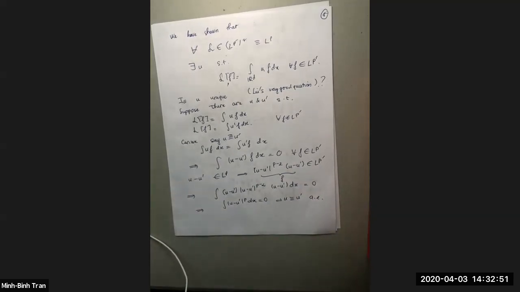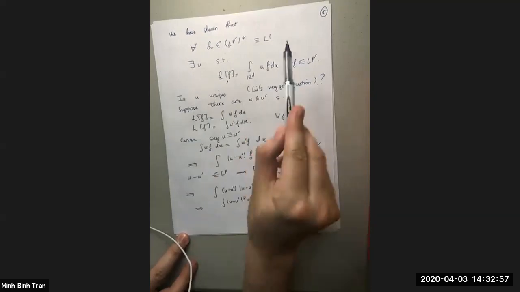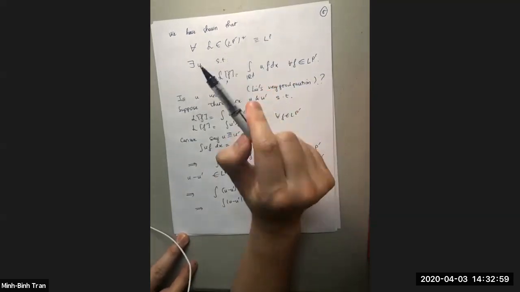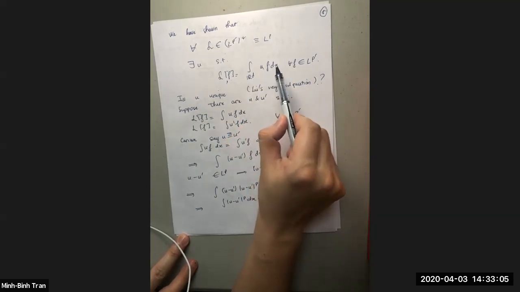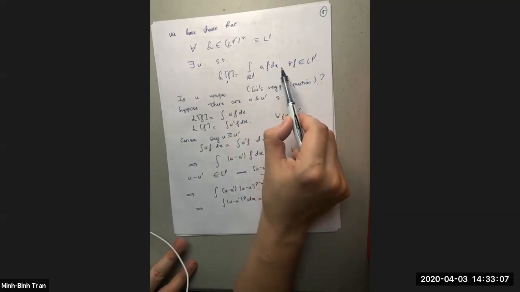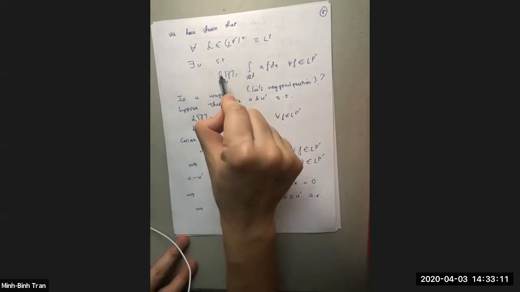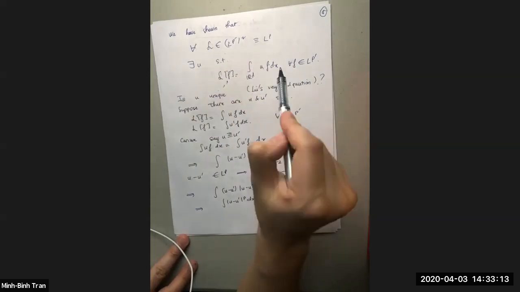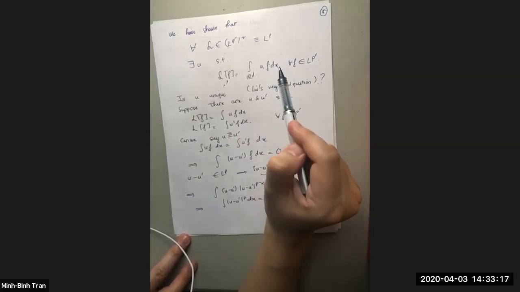Right. I'll explain again. Liu asked a very good point. From the previous proof, we know that you have L(F) as the integral over Ω of UF dx for all F in L^p'. So for all L, there is a U. But is this function U unique?